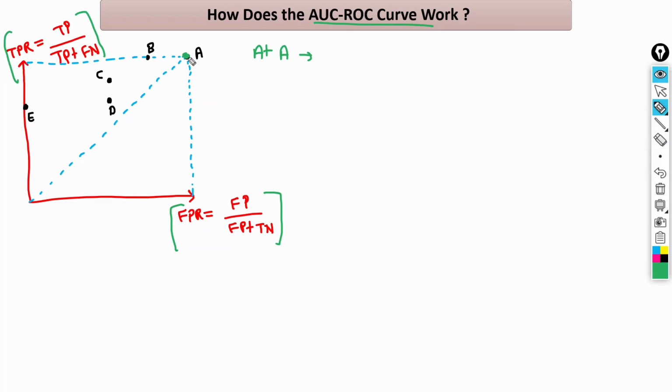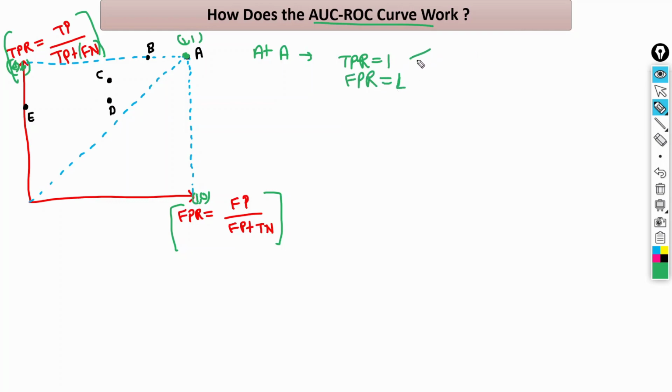If you see here, FN will be 0. So this will be 1 and 1, right? It means the TPR value would be equal to 1 and FPR will be equal to 1.